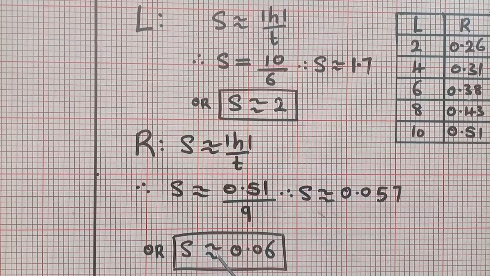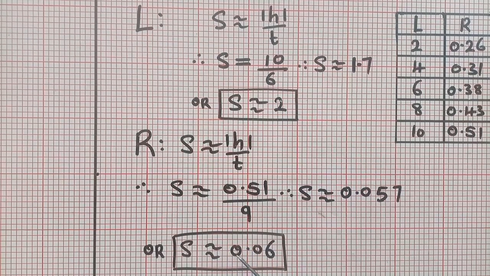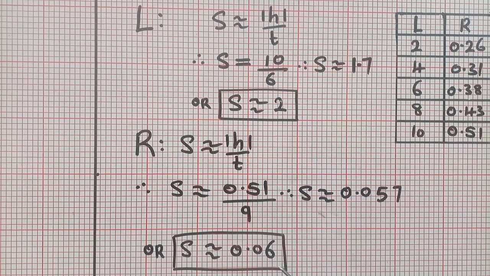Scale is approximately equal to 0.06. So far, we have seen that the scale for the L-axis is 2, and that for the R-axis is 0.06. I believe you followed the procedure for choosing scales for both axes. Next is the calibration of the axis.